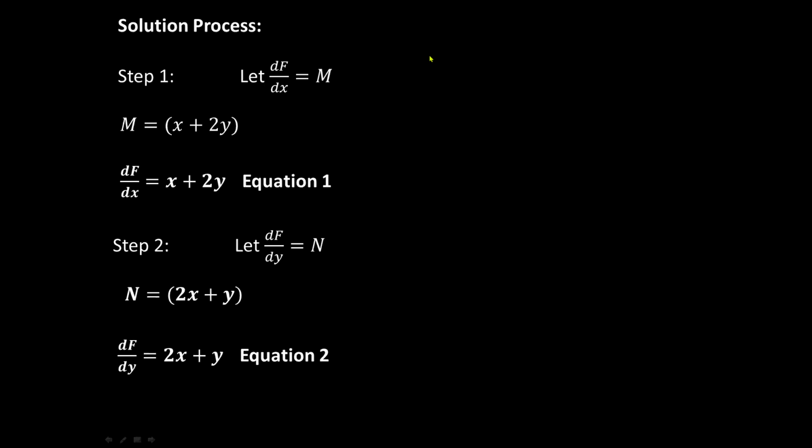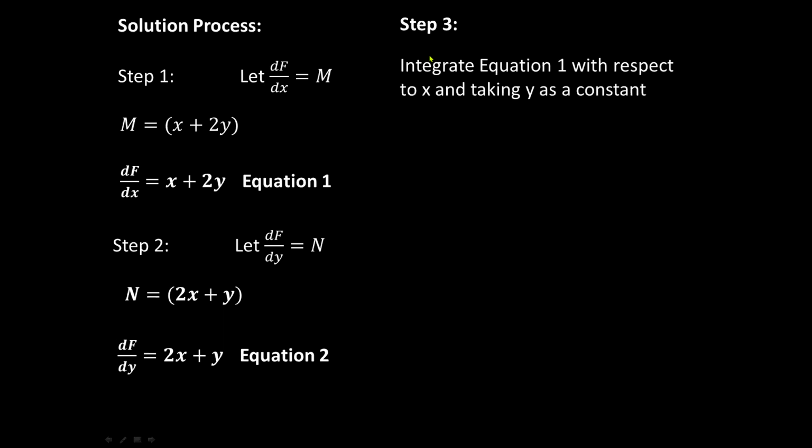For the step 3, integrate equation 1 with respect to x and taking y as a constant. Ibig sabihin, kung walang x, the rest of all the terms are considered as constant. And even yung y is considered as a constant because we're going to integrate equation 1 with respect to x.